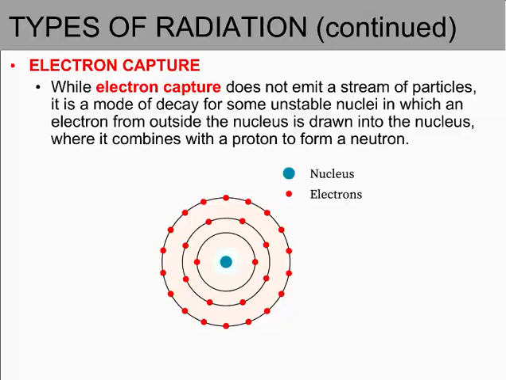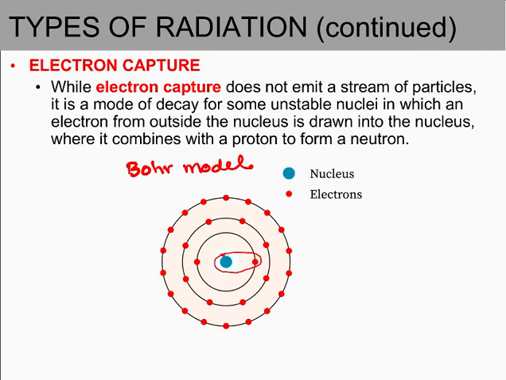Down below, we have the Bohr model of the atom, which we've seen before. We've got our nucleus in the middle, it's blue, and some electrons in red. If this nucleus is really unstable, depending on the nucleus, it might grab onto a nearby electron and absorb it.